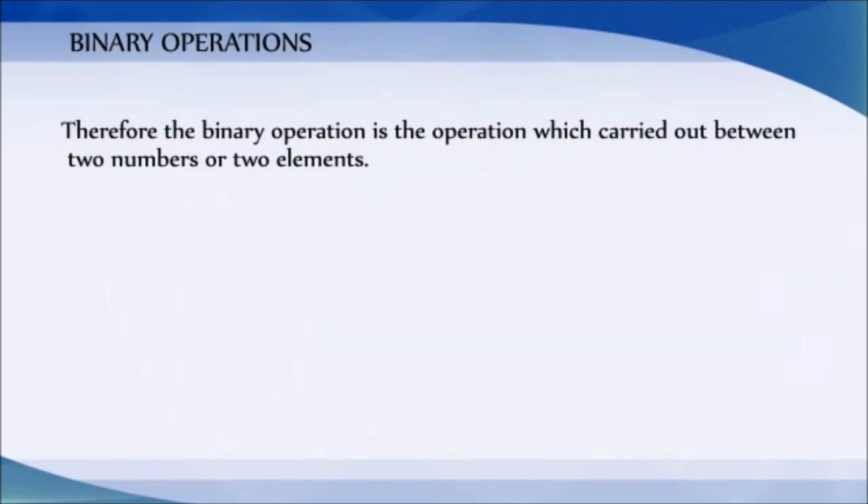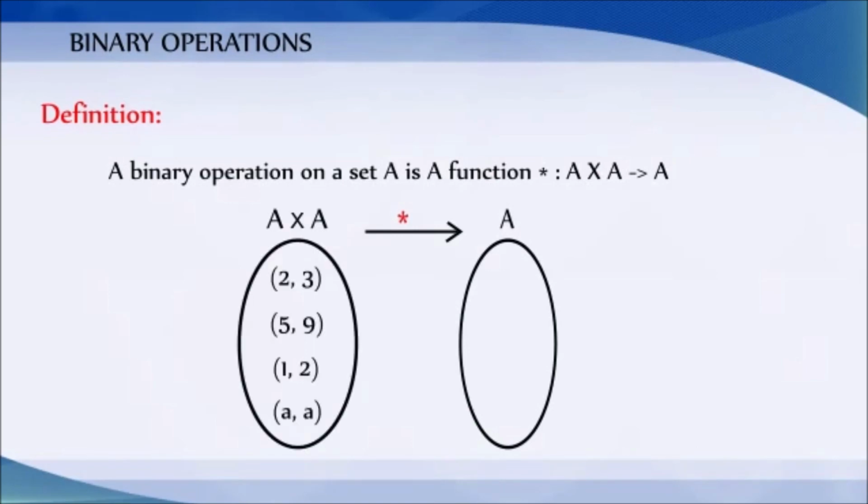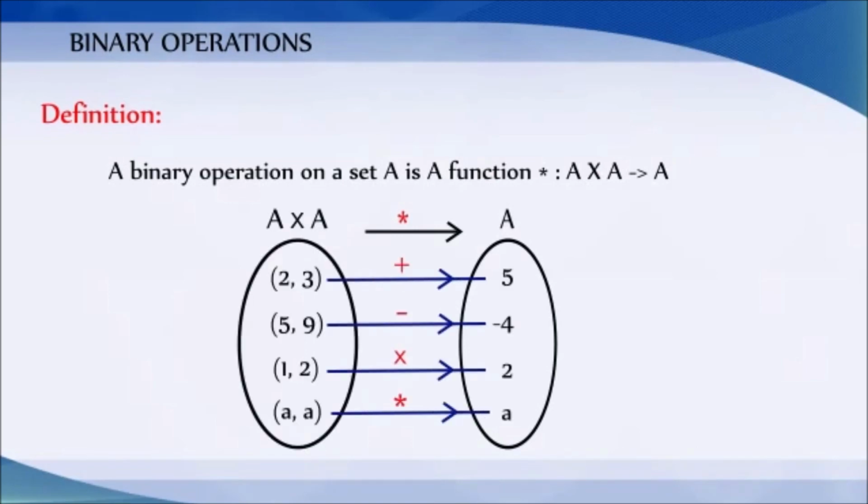Therefore, a binary operation is an operation carried out between two numbers or two elements. A binary operation on a set A is a function star from the set A cross A to the set A.